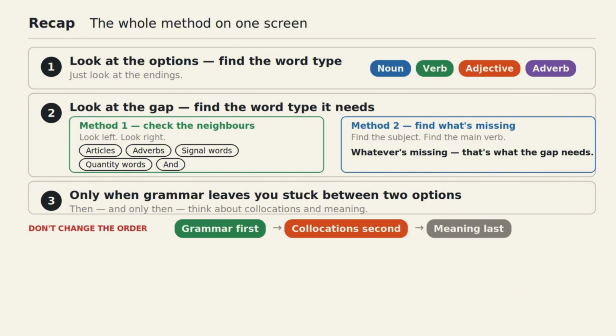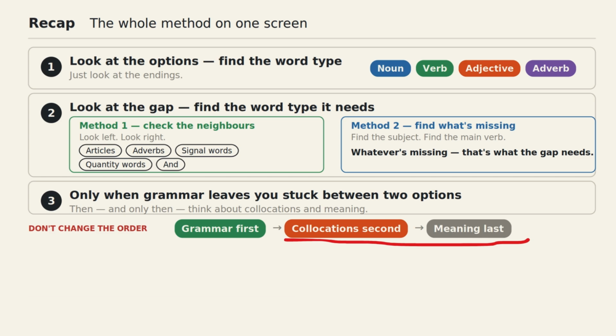All right, let's bring the whole thing together. Three steps. Step 1. Look at the options. Find the word type. Look at the ending. Noun, verb, adjective, and adverb. Step 2. Look at the gap. Find the word type it needs. And step 3. Only if grammar leaves you stuck between two options, think about the collocations and meaning. And please don't change that order. That's probably the biggest thing that I want you to remember from this video.